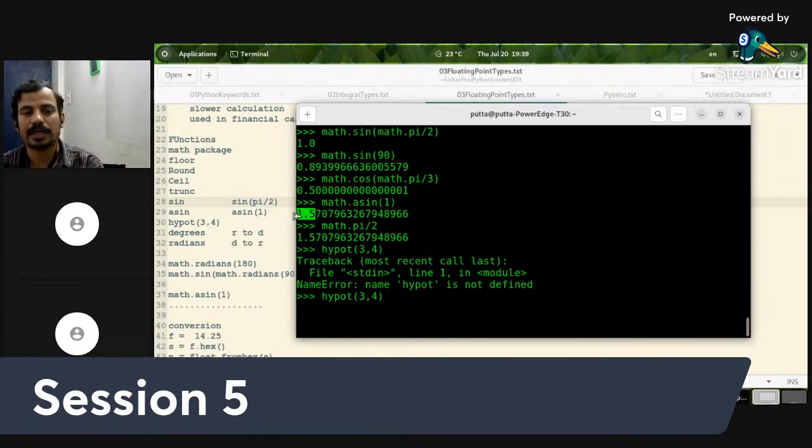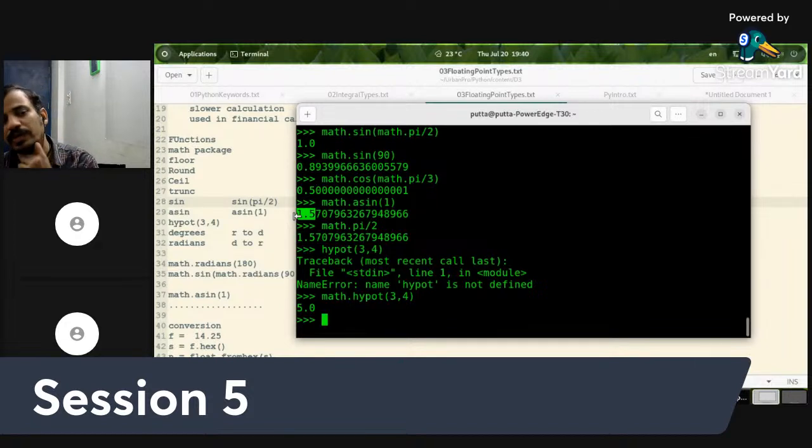You didn't type math.hypot. Yeah, right. math.hypot of 3, 4. So if you want to find out the square root of a square plus b square, then you have to use math.hypot of a comma b. Okay, so that's another built-in function.